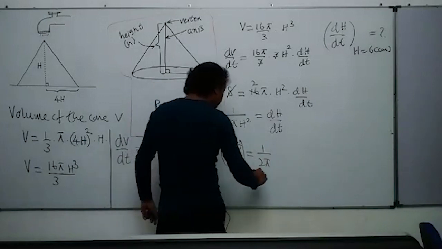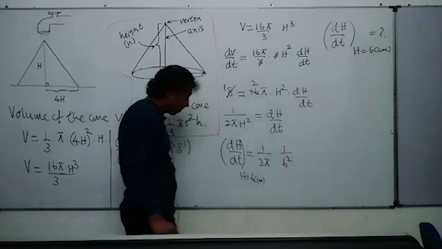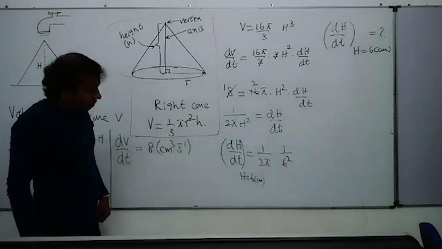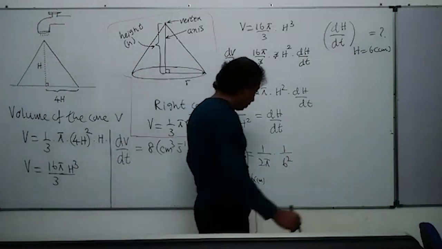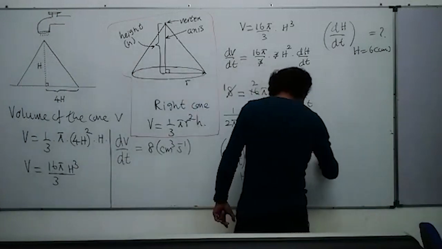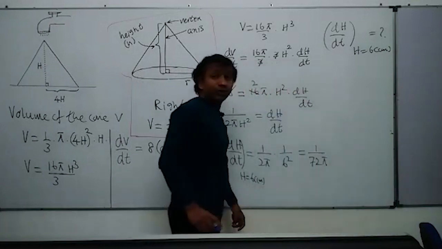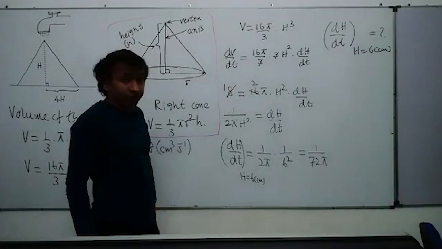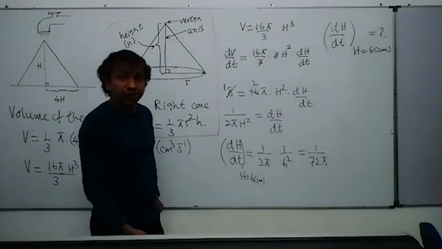So then we get 1 upon 2 pi 6 squared. 6 squared is 36 into 2, 72. 1 upon 72 pi. Pi is 22 upon 7, people. You can simplify that. And thereby you get the rate.